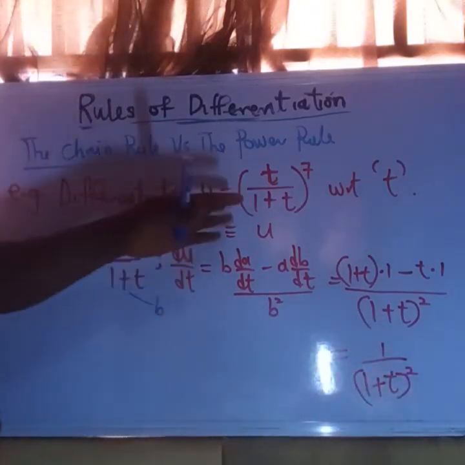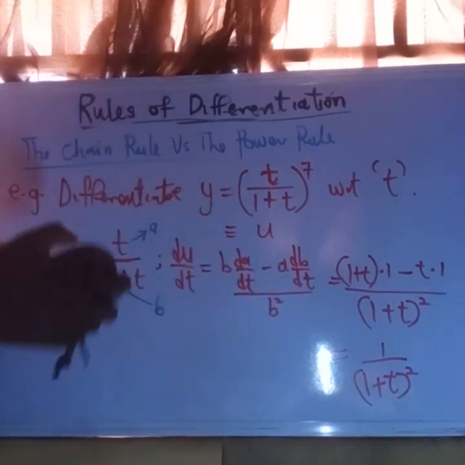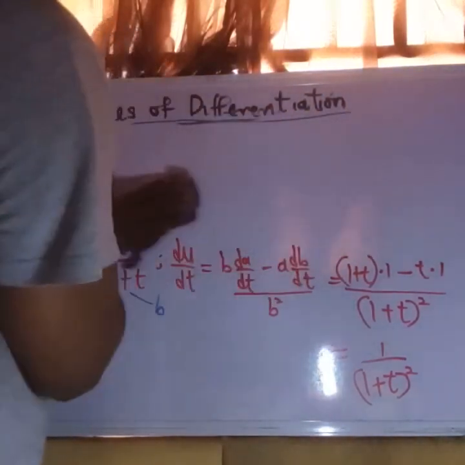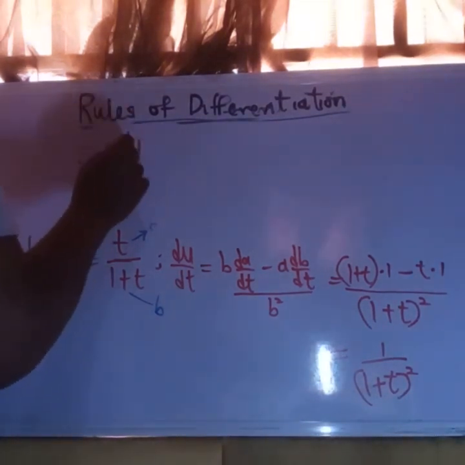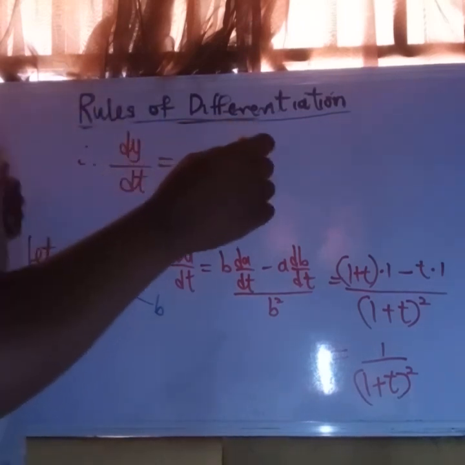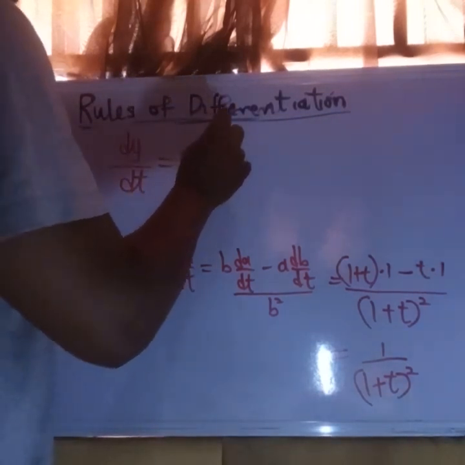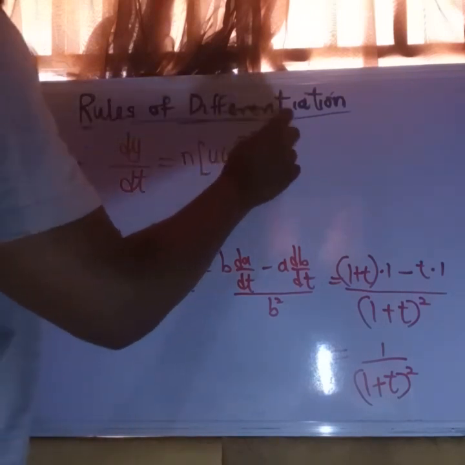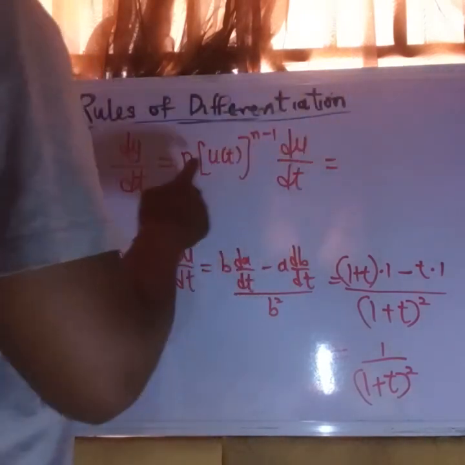Now let's apply the power law, then we multiply what we have here. The slope you are looking for is dy/dt. The power law says this is n u of t, call it u of t because the argument here is t, to the power n minus 1, times du/dt.